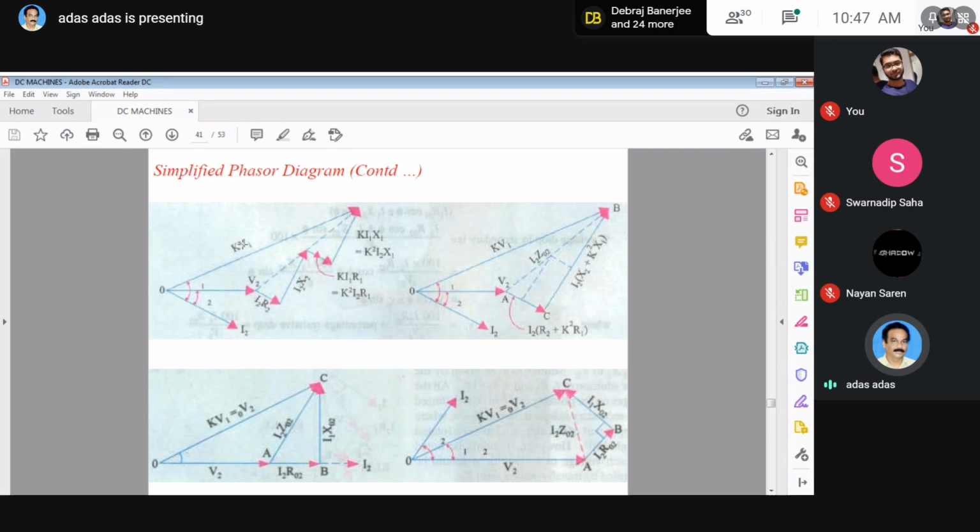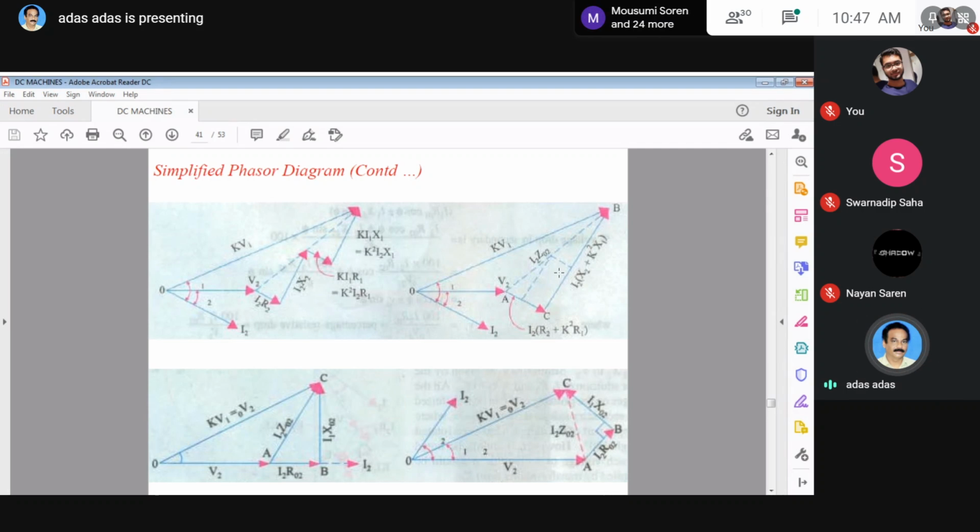This is a primary voltage. Actually, primary voltage is V1. If you transfer it to the secondary side, it will be multiplied by K. So this is the equivalent primary voltage referred to the secondary. It is the resultant of all the quantities, that is V2, I2 R2, I2 X2, K into I1 R1, K into I1 X1.